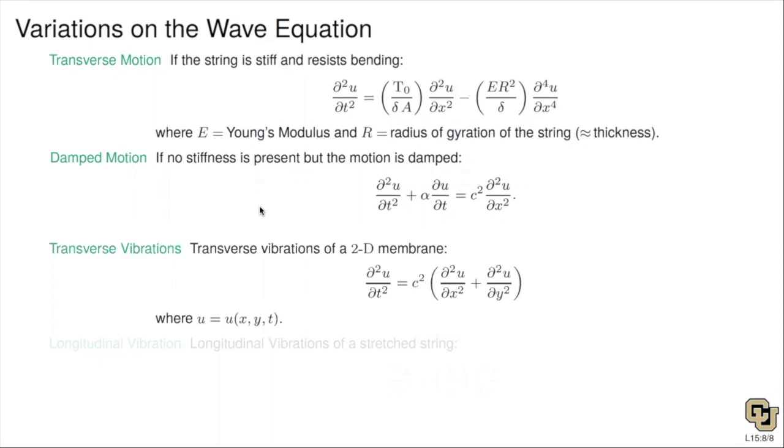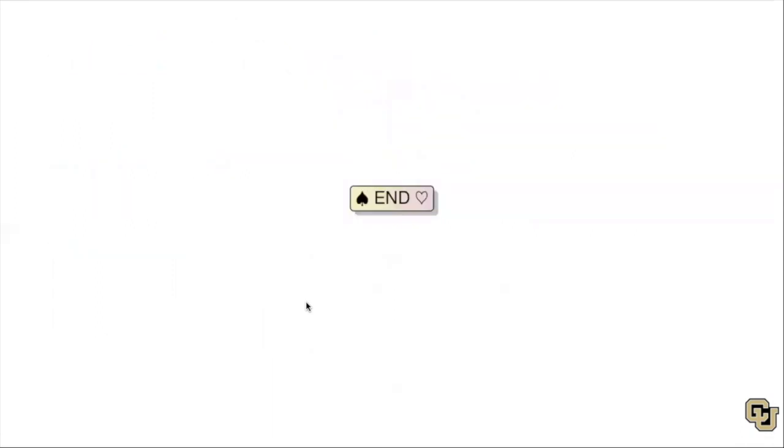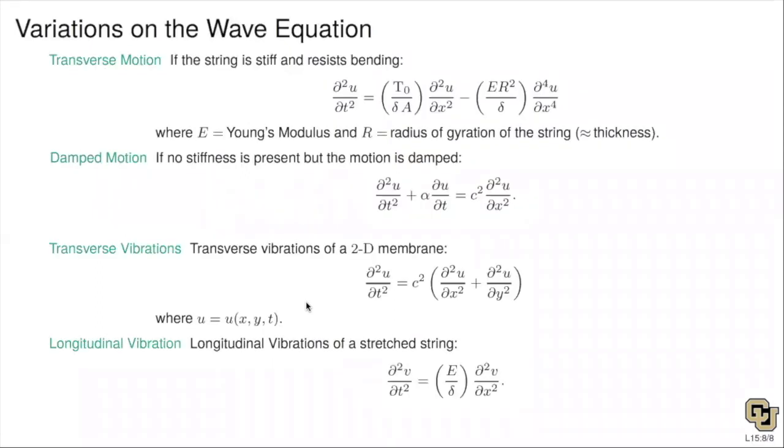And for a drum, if you had a 2D membrane, this would be the 2D version of the simple wave equation. And this is a model for motion in the horizontal direction, the longitudinal vibrations. Here we're using v. This is actually a different type of model, and I'll talk about that a little bit next time, but we're going to mainly focus on the simple 1D wave equation model. We'll also talk about the equation with damping.